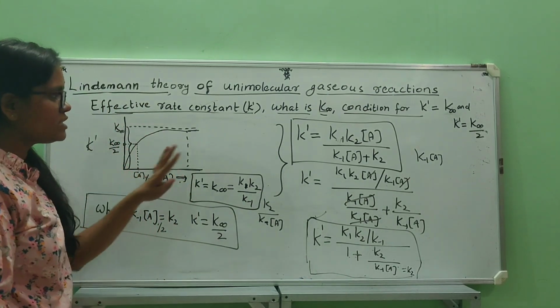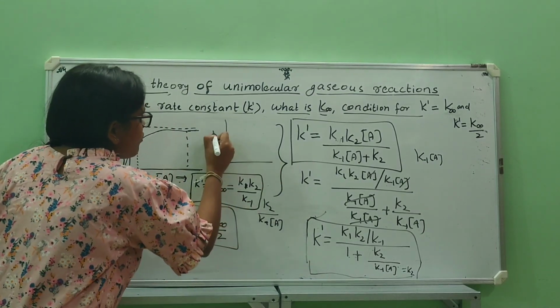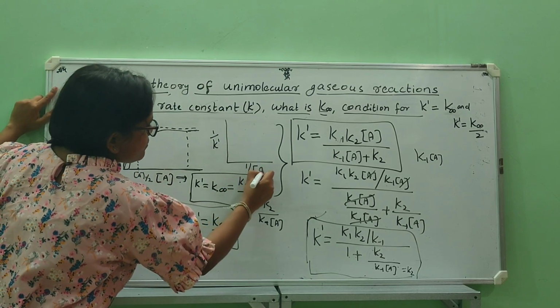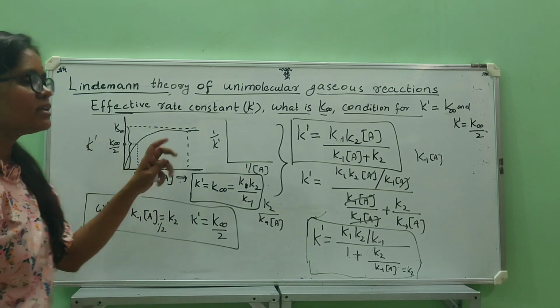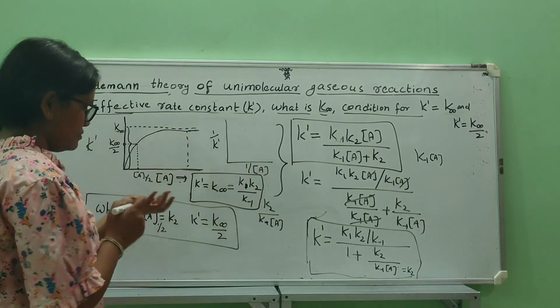Okay, now let us try to draw a graph between 1 by k effective versus 1 by a. So this is the graph between k dash and a. Now let us try to draw a graph between 1 by k dash and 1 by a.